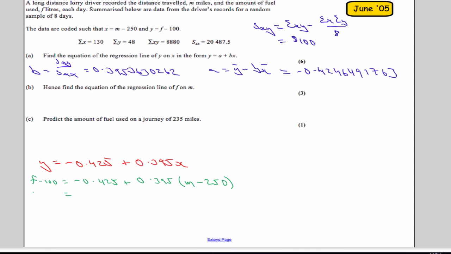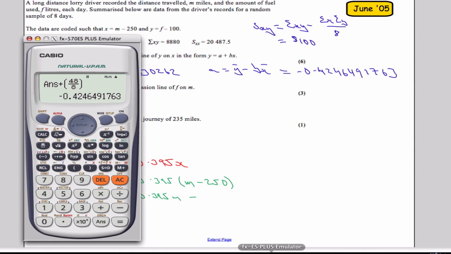So f minus 100 equals minus 0.425 plus 0.395 times m, and I'm going to do 0.395 times 250.